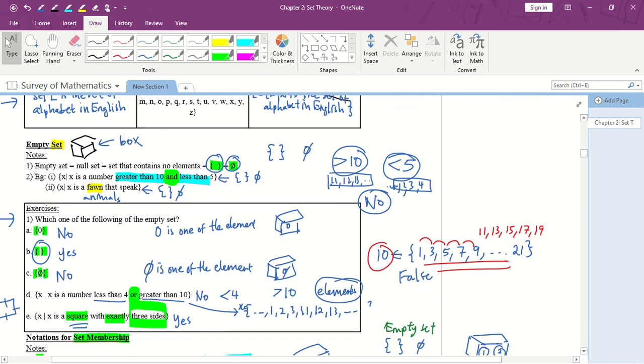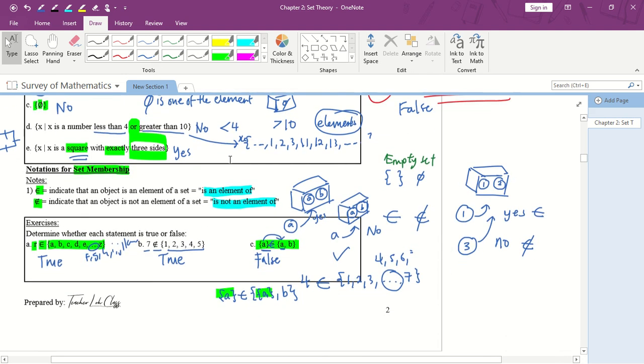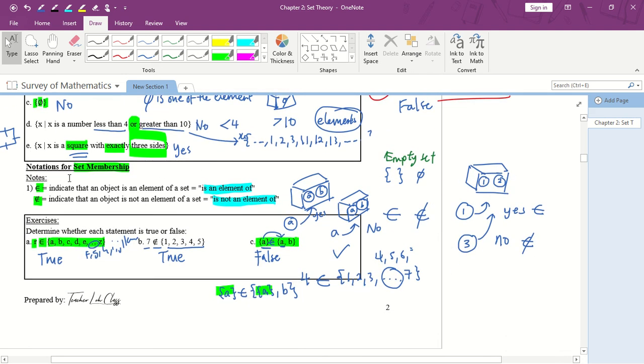An empty set means that there are no elements, and there are 2 signs that represent an empty set: two curly brackets, and a symbol like a circle with a slash. For notation of set membership, you can use this one and this one.